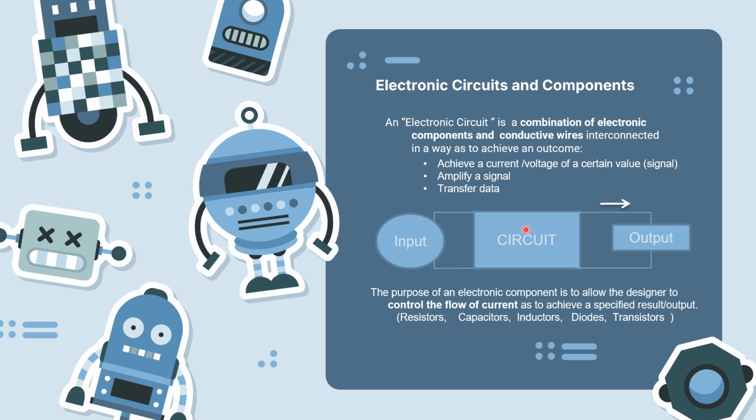These modules need some drivers, so we need to design a circuit for them, and so that's the circuit. So if we put some electronic components like, as I said, resistor, capacitor, inductor, diode, transistor, etc. together to do a specific job, we call it a circuit.